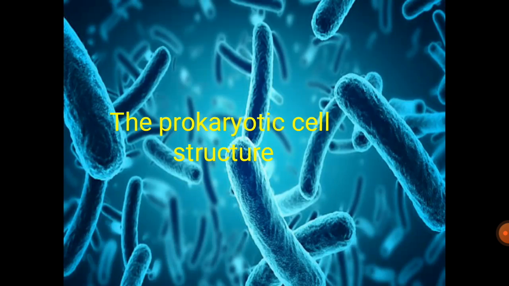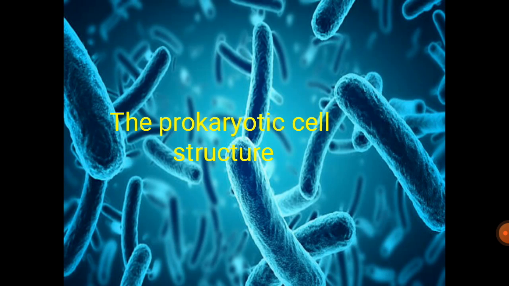Prokaryotic cells do not have a true nucleus that contains their genetic material as eukaryotic cells do. Instead, prokaryotic cells have a nucleoid region, which is an irregularly shaped region that contains the cell's DNA and is not surrounded by a nuclear envelope.